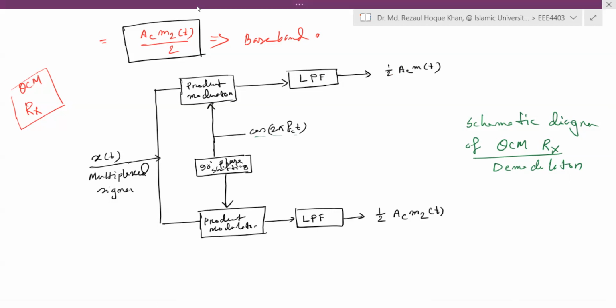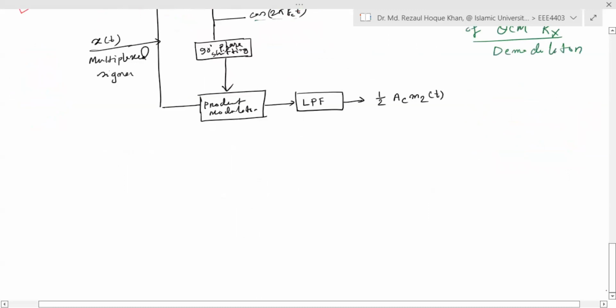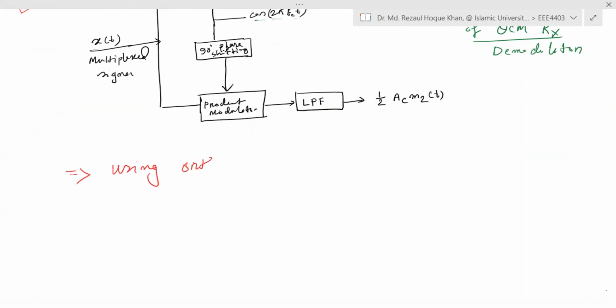Using orthogonal carriers means the in-phase and quadrature carriers are orthogonal to each other.